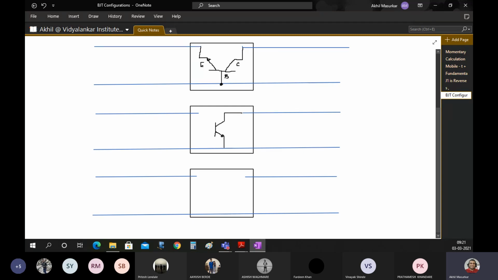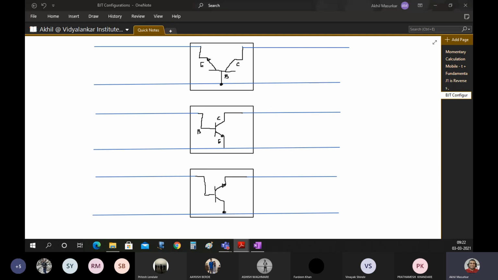So this is collector, emitter, and then we have base. And then finally we have collector, then emitter, and then we have our base. So these are the 3 different combinations.